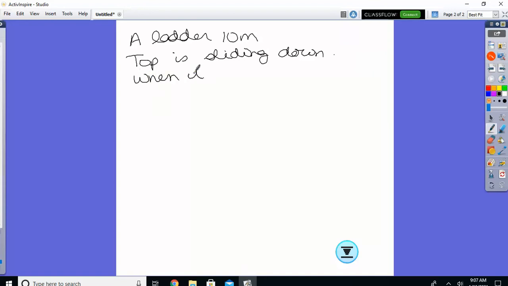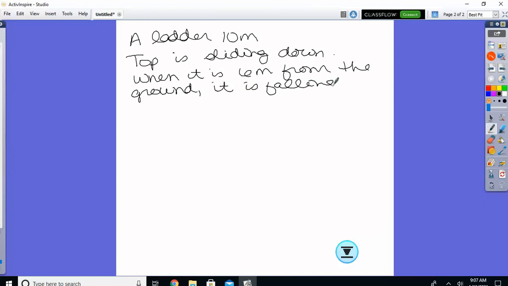When it is 6 meters from the ground, it is falling at a rate of 2 meters per second. How fast is the bottom moving away from the wall?